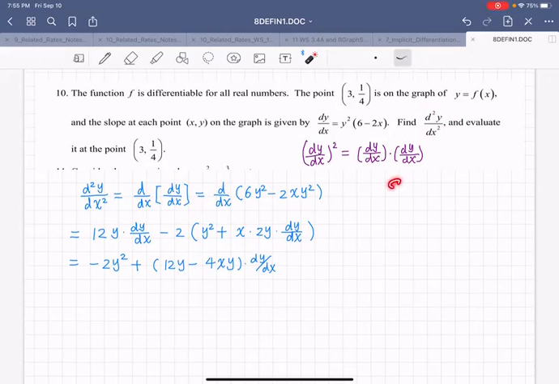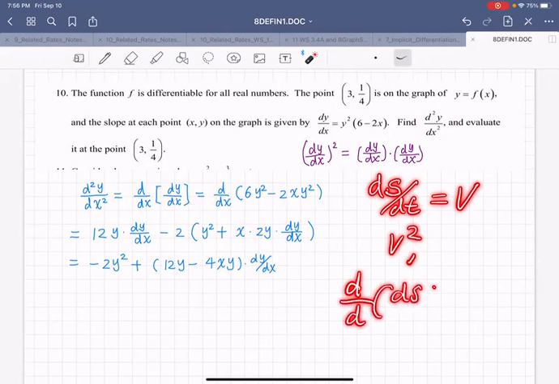If you have a distance, ds over dt is your velocity. So the first derivative squared is your velocity squared, but your second derivative, dv over dt, is your acceleration.